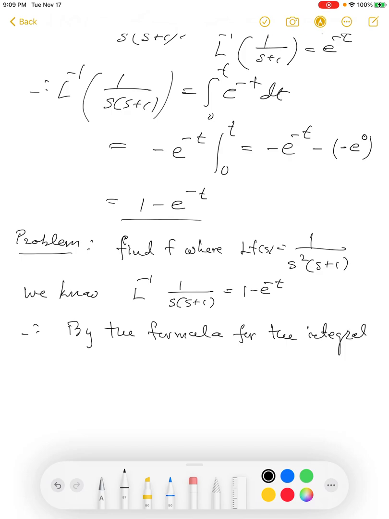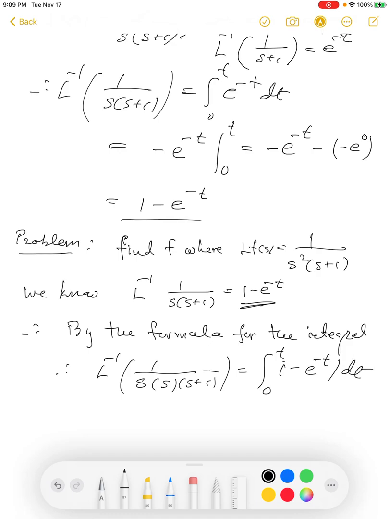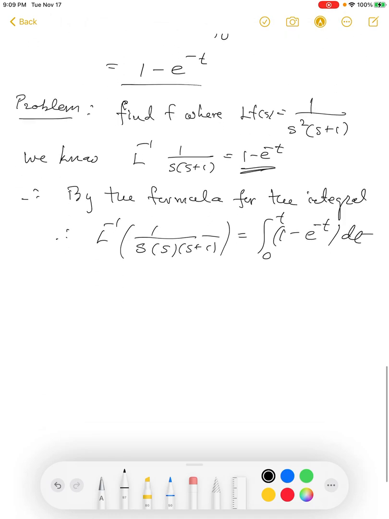we know that L inverse of 1 over s squared times s plus 1 would be the integral of this function 1 minus e to the minus t. So this will be t plus e to the minus t. That's the integral of this quantity between 0 to t.